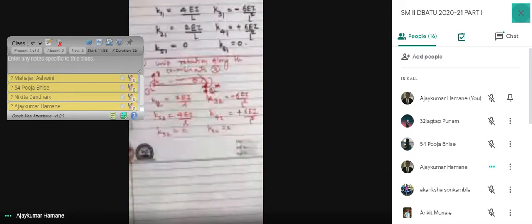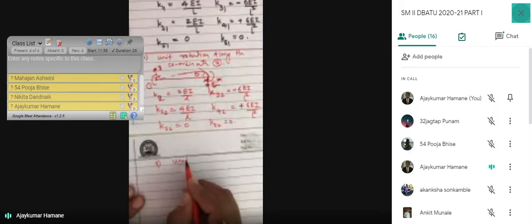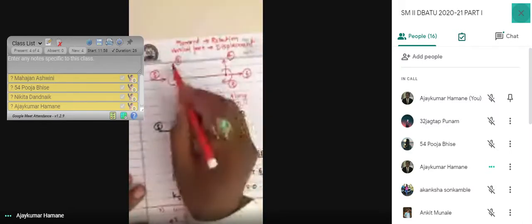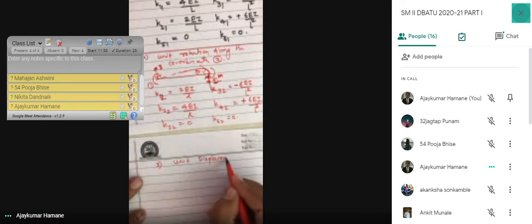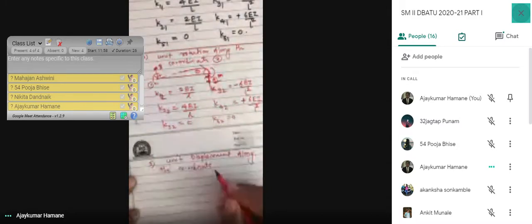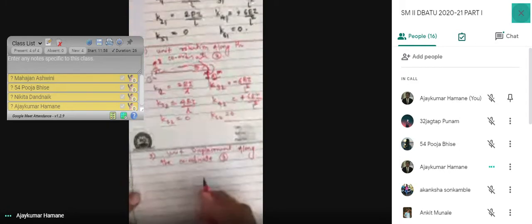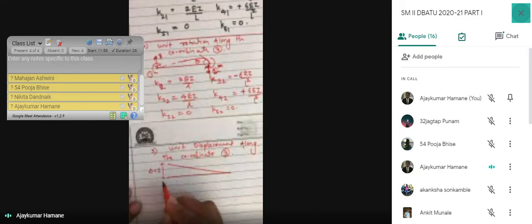So the next one. Now what is the third one? We'll apply the unit displacement along the coordinate 3, delta equals to 1.